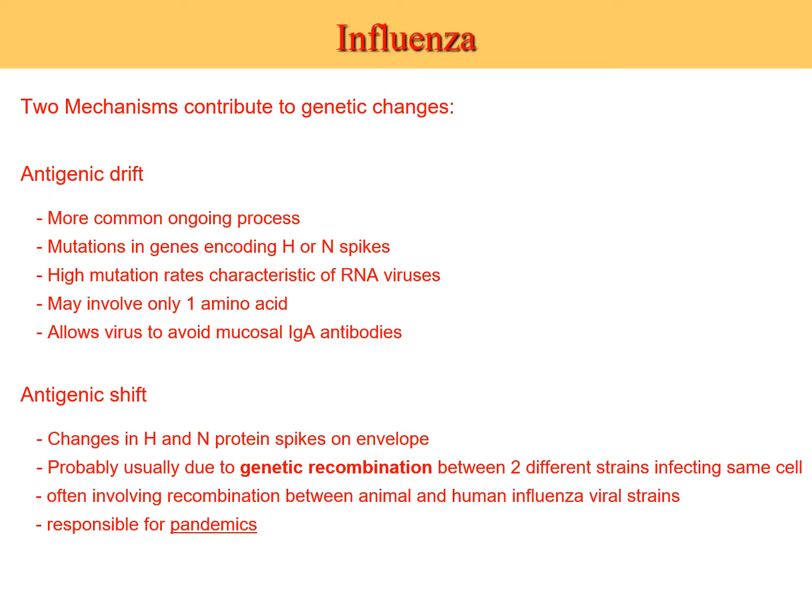They may involve only a single amino acid change, as you know from what we've discussed about mutations in the past, but it can be enough to allow the virus to avoid whatever previous mucosal IgA class antibodies that a person may have due to previous flu infections or previous flu vaccinations.